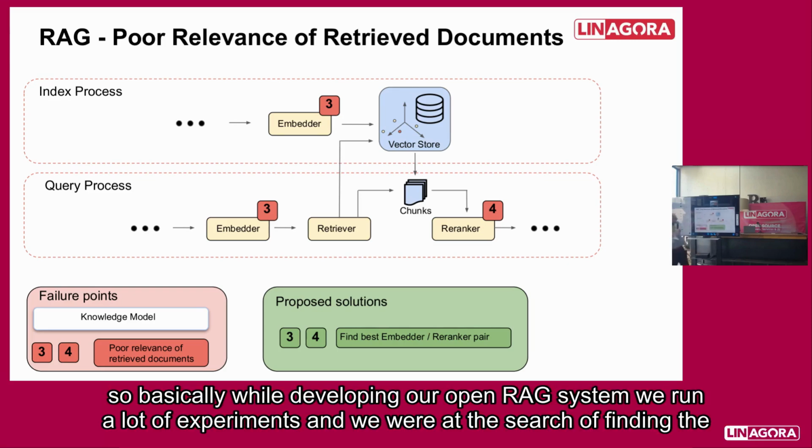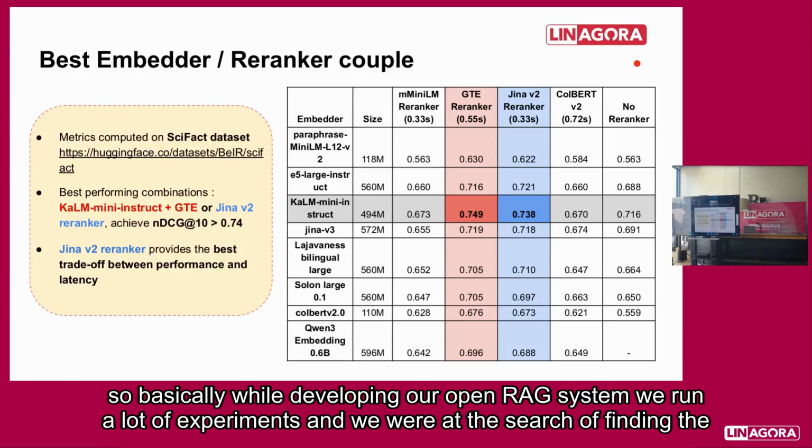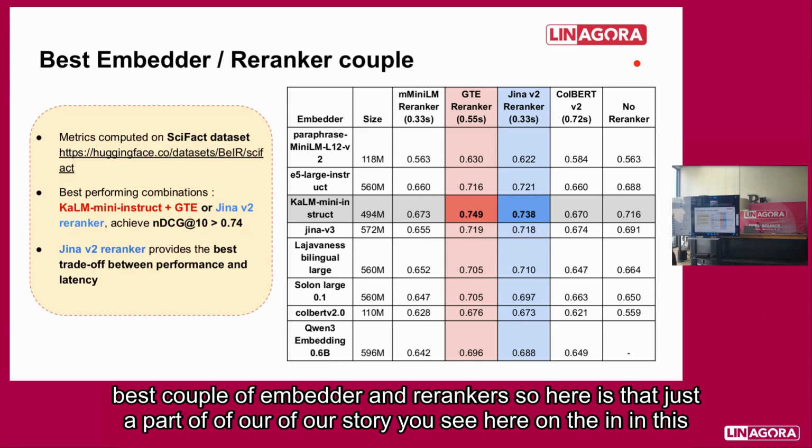So basically, while developing our OpenRAG system, we ran a lot of experiments, in search of finding the best couple of embedder and re-ranker. So here is just a part of our story.